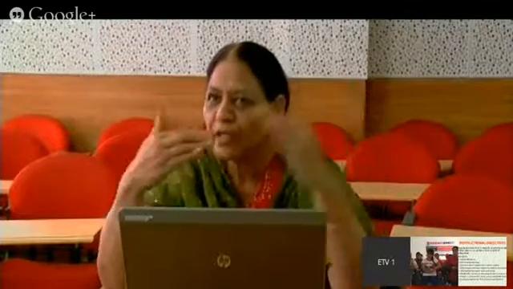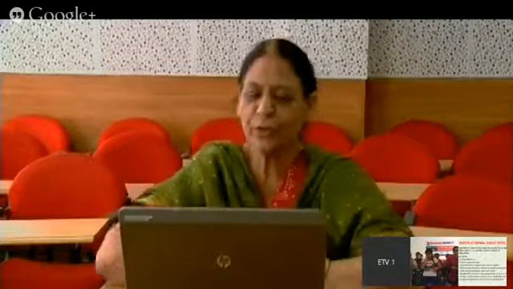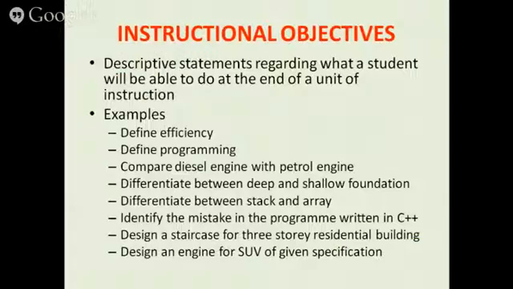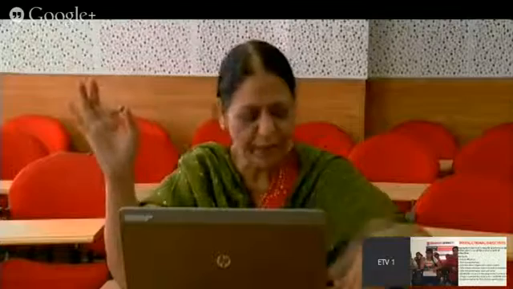So you are teaching a particular content, and once that content has been learned, a student will be able to either define or explain or give examples of that particular technical terminology. So here you can see what capability a student would exhibit at the end of a unit of instruction. If that is written, then it is referred to as an instructional objective.